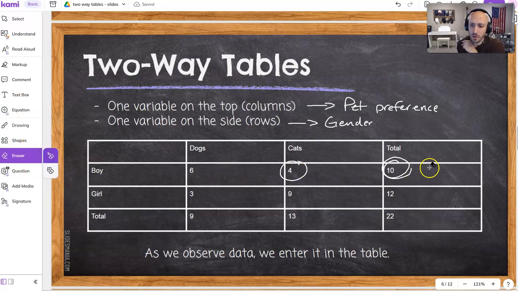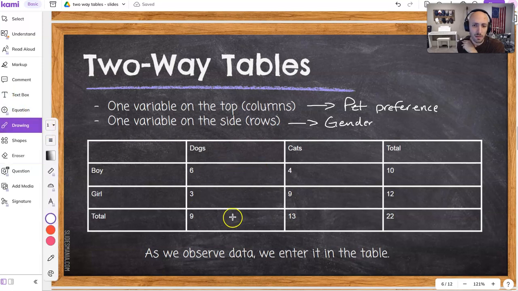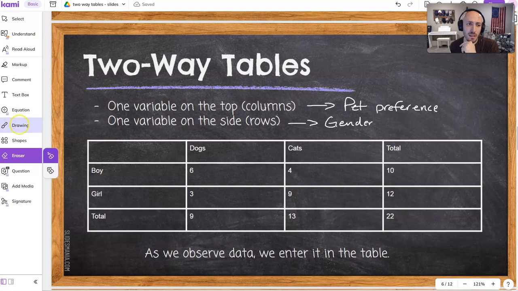And so you can see the different values for the different cells in this table. The last column and the last row are always the totals, and then this last cell down here is the total number of observations that we made. So that is a two-way table. That's an example.